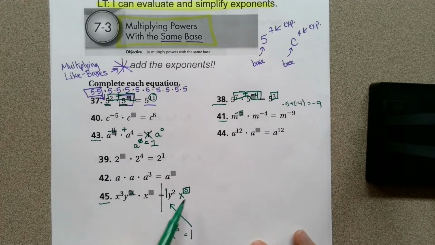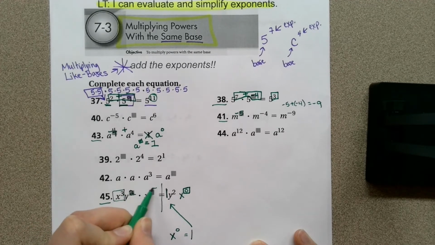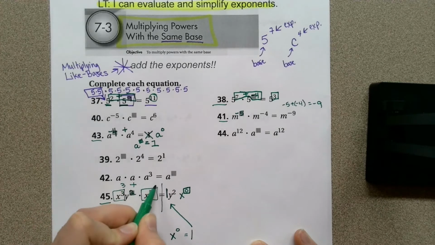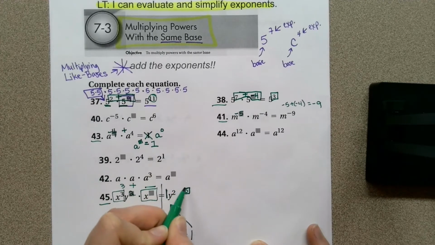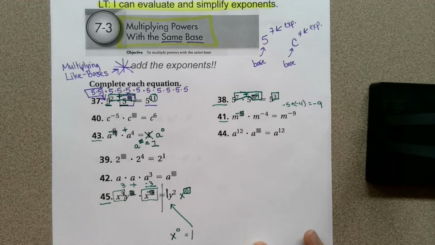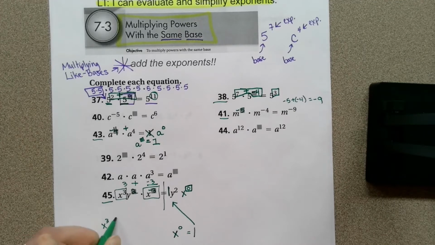So in order to make this 0, we have this x to the third, that exponent, plus this exponent. 3 plus what equals 0? This would have to be a negative 3. So in the end, our expression would be x to the third y squared times x to the negative 3 is equal to y squared.